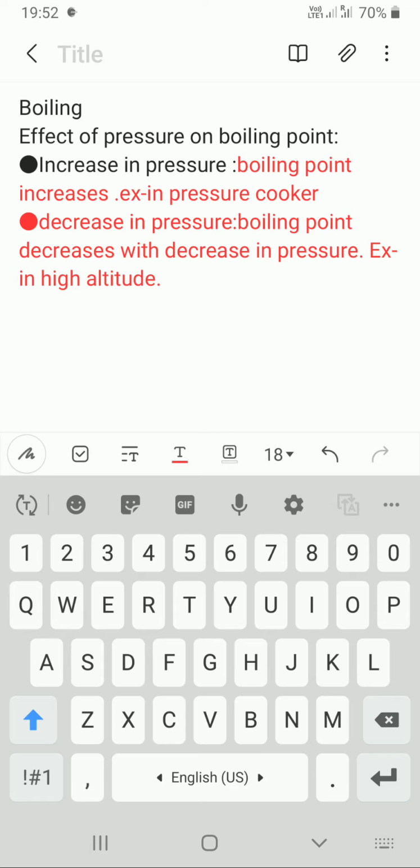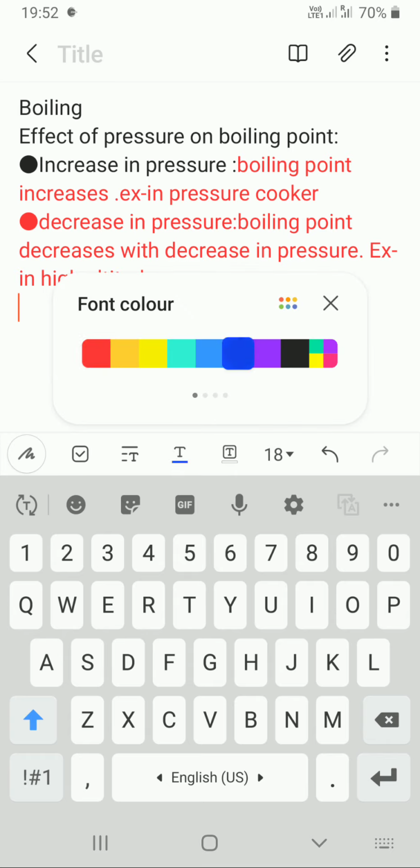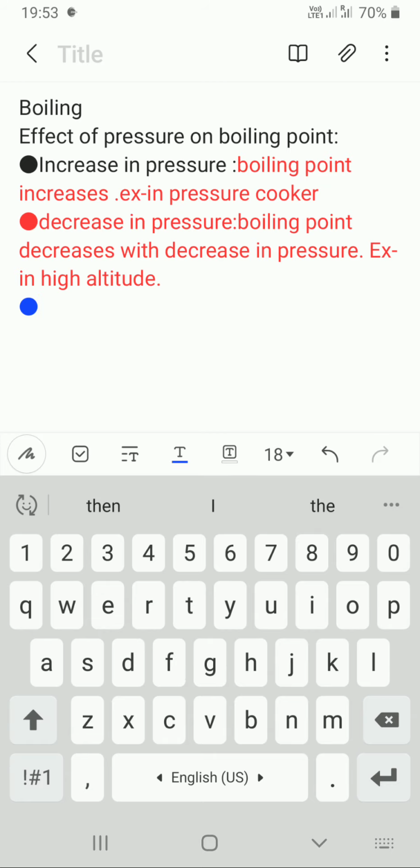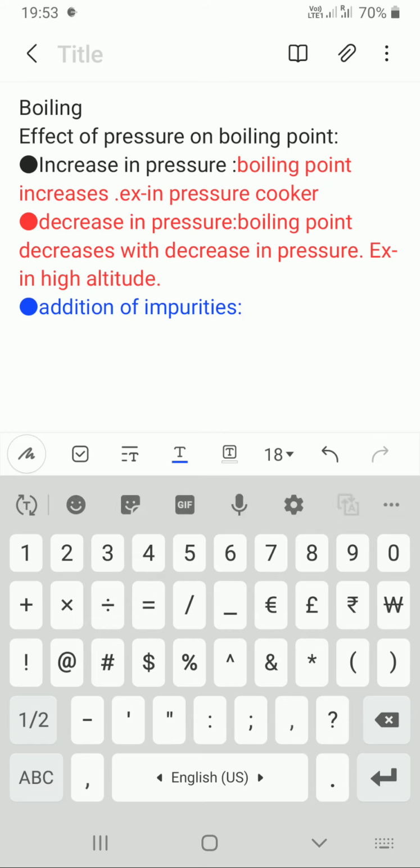Next, it depends upon impurities also. Boiling point depends upon impurities. So here I will add another bullet, addition of impurities. If I add impurity, then the boiling point will increase. Like if I add salt to water while cooking, we can see that it increases the boiling point of water.